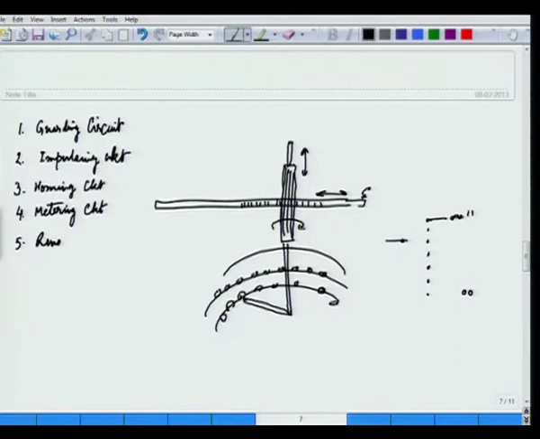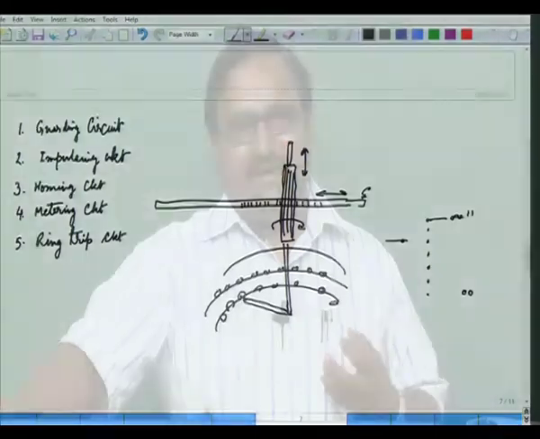Then there was a ring trip. These were conventionally used. The ring trip circuit comes into play whenever you are applying a ringing current for the destination user. It is a powerful current which can transfer power to the bell, so that the sound can be very loud and people can hear that there is a call coming in.